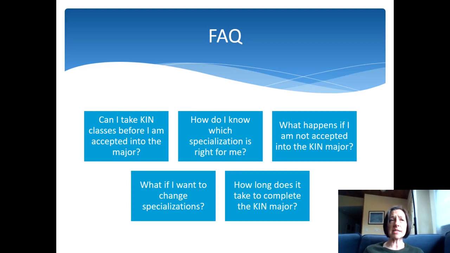For students who are excited about going on, particularly to graduate study for careers in allied health, the pre-healthcare profession specialization is usually a really good fit. It gives you that good understanding of body and movement and allows you the flexibility to move through different electives within the pre-health major that are designed to support you towards graduate school.